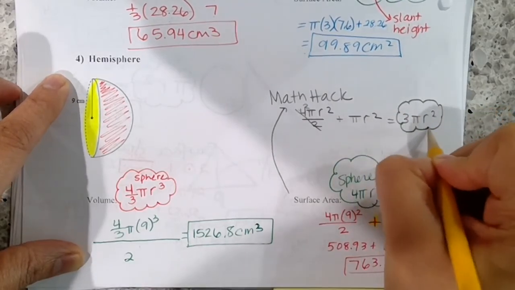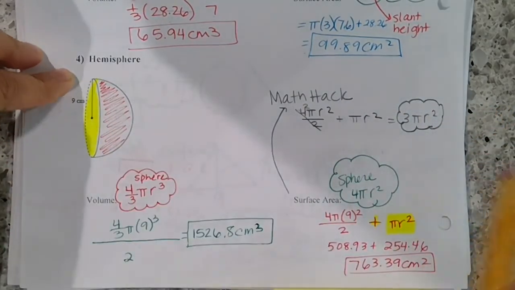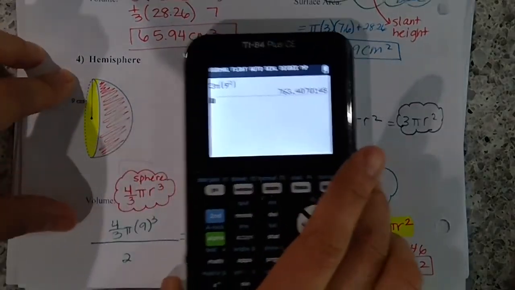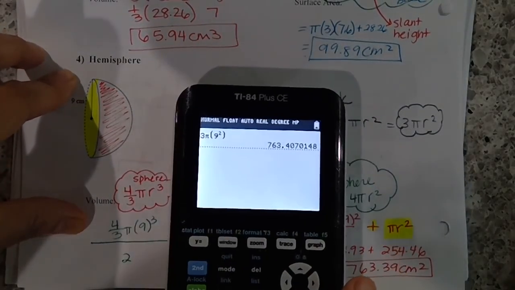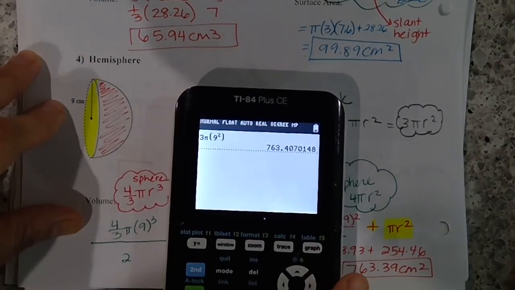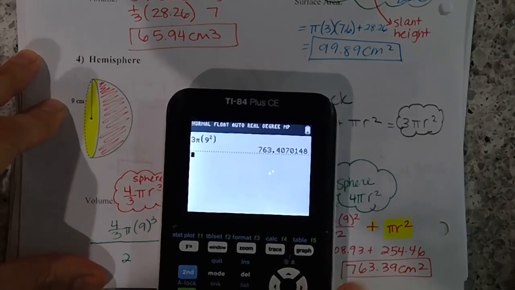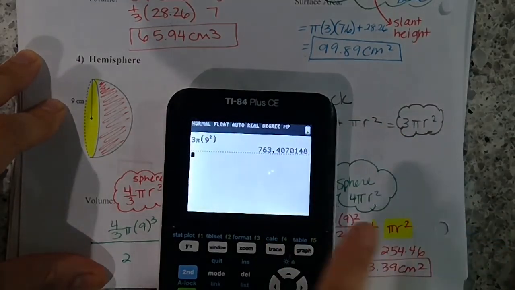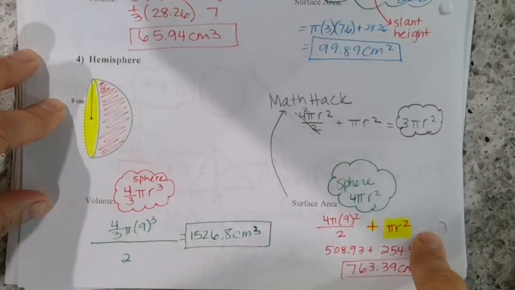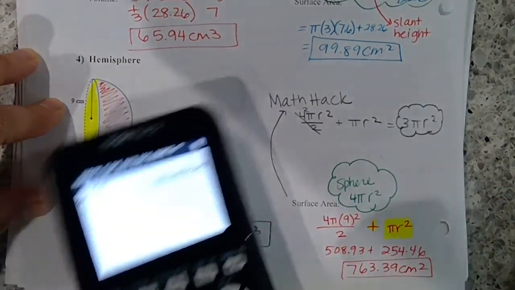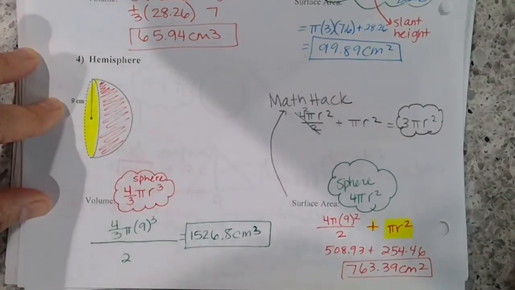So to find the surface area for a hemisphere, plug that in, 3 pi, my radius was 9 squared, and I get the same thing. Okay. Again, I would do it this long way, or if that works for you. Okay, that's the end of the lesson for today.